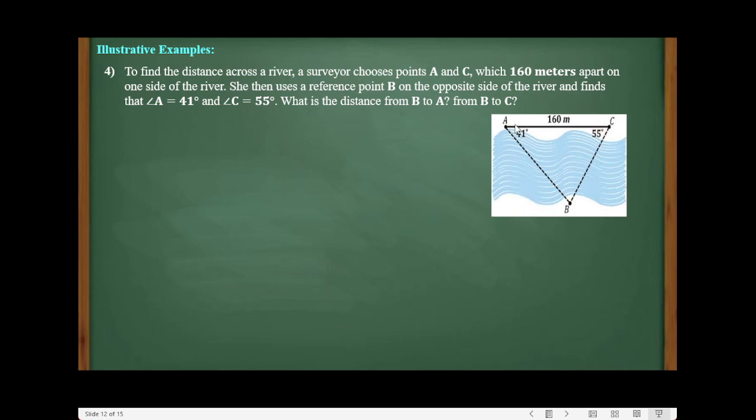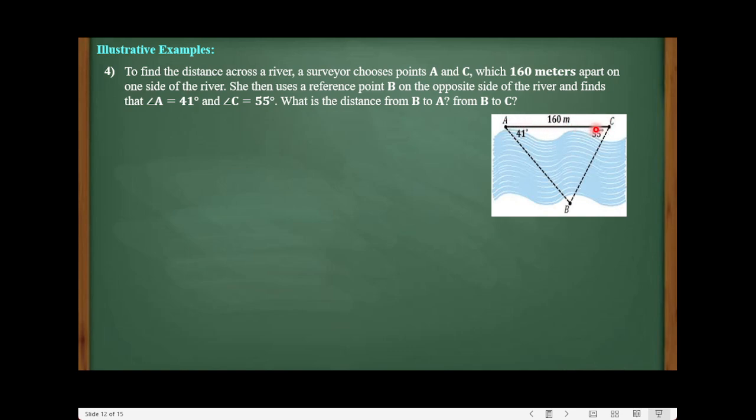On one side of the river, the surveyor chooses two points, A and C, and the distance between these two chosen points is 160 meters.